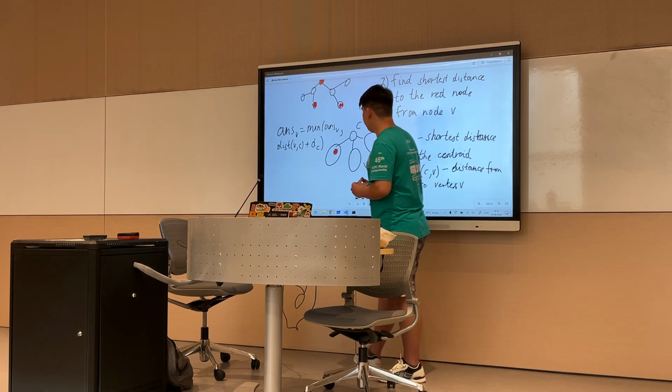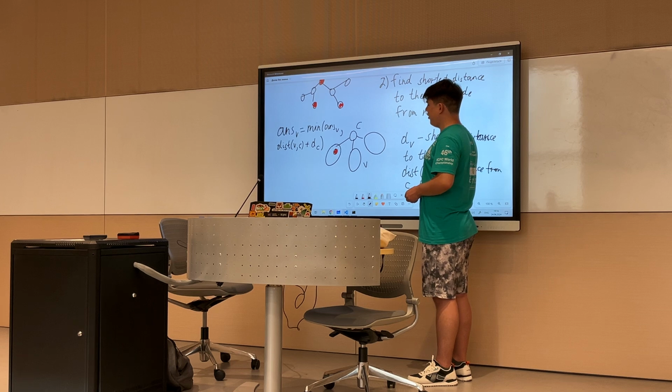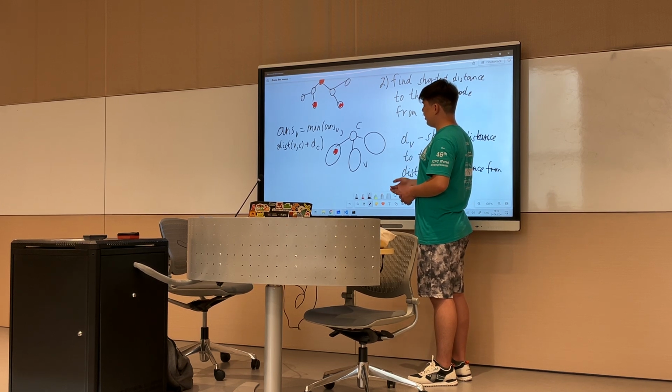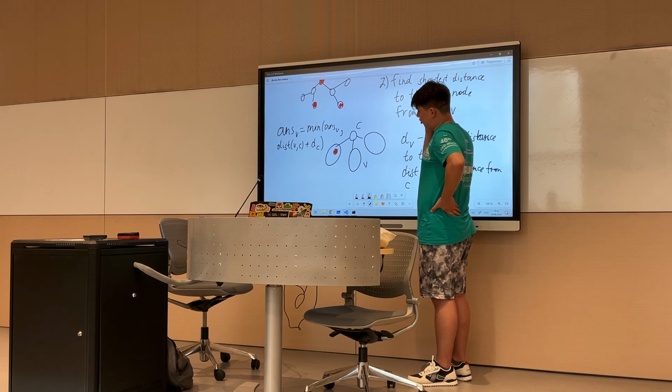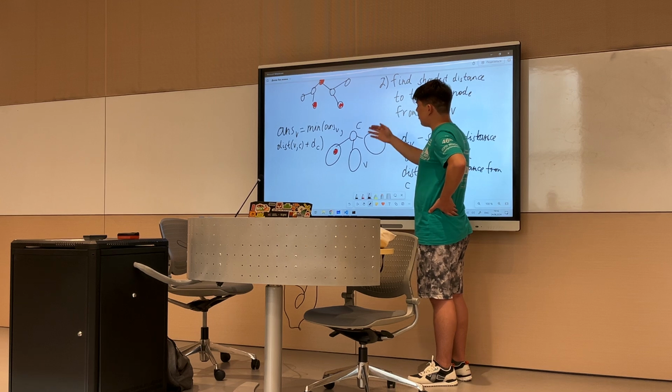Initially, we create the array ans. There will be infinities in every position, and we can do this for every vertex.